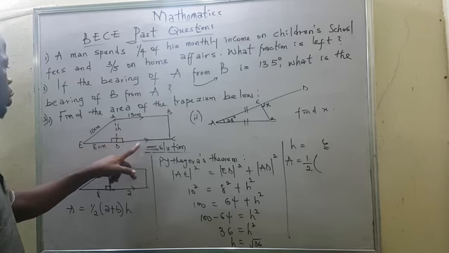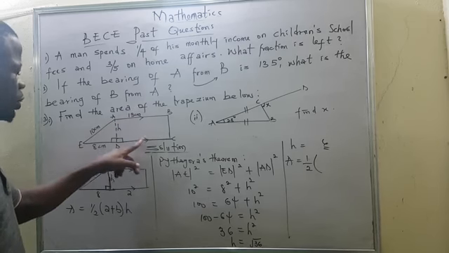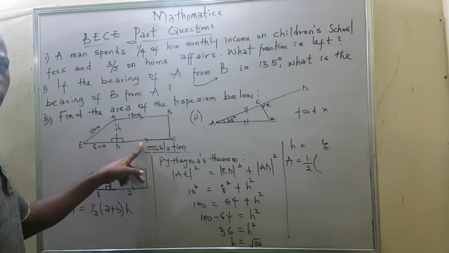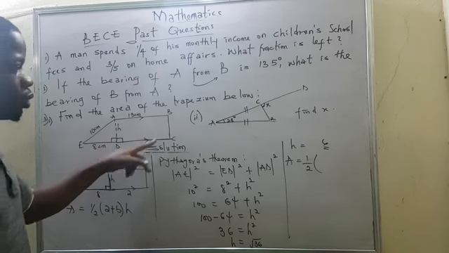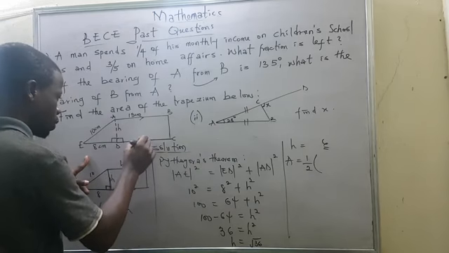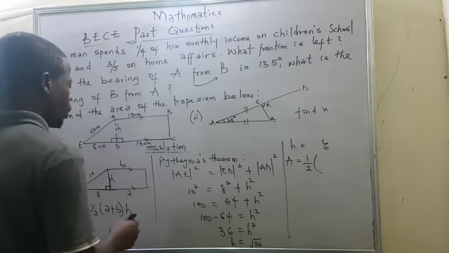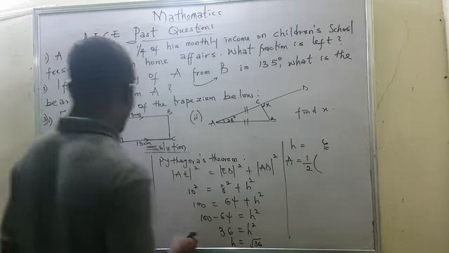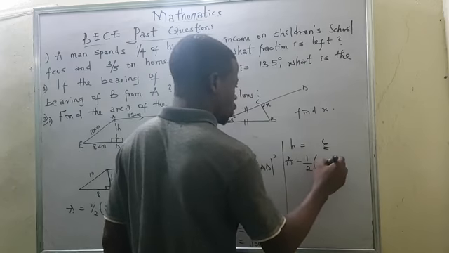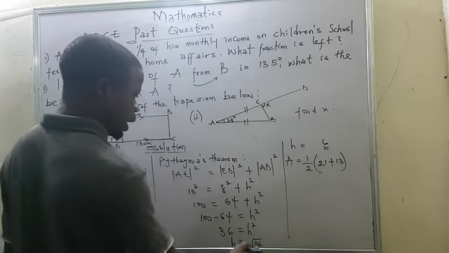We still don't have this yet. But of course, this place and this place, they are the same thing. They are parallel, they are equal. This is a rectangle. So this place will be 13. 13 plus 8, that will be 21. 21 plus 13 times the height. Our height is now 6.